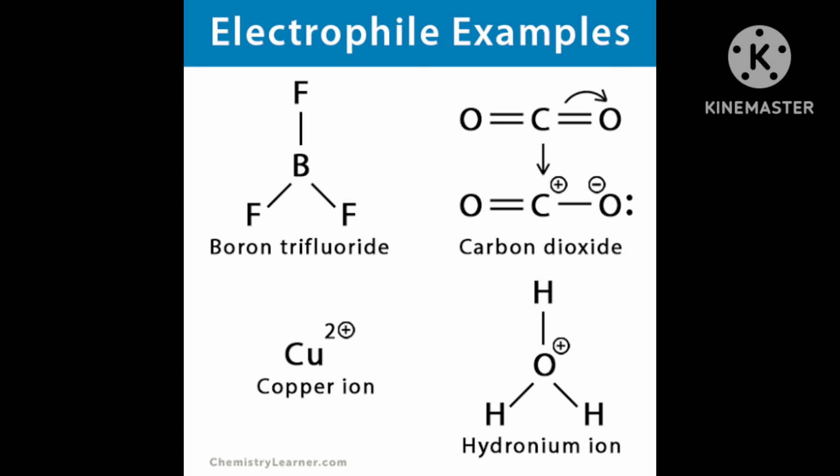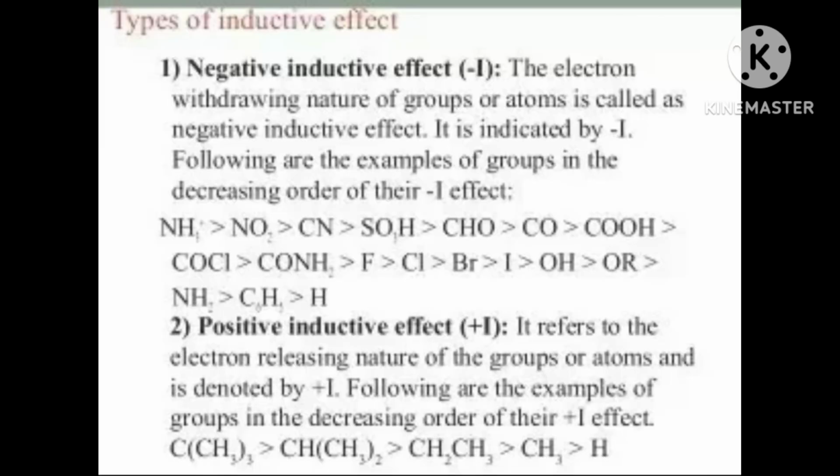Temporary electron displacement effects are also seen in molecules when a reagent approaches to attack it. Approaching, not attacked, coming to attack, just like a magnet brought near a coin will try to attract it even if it is far.